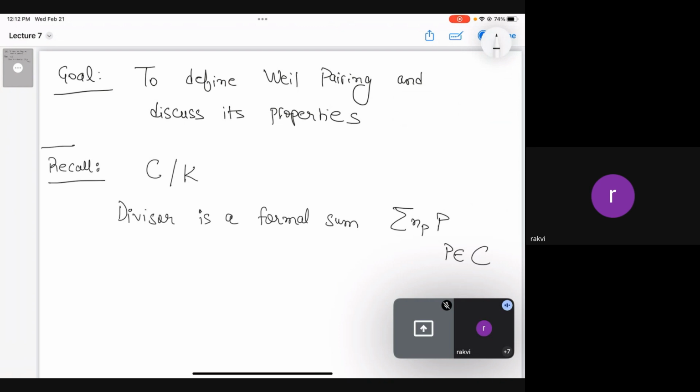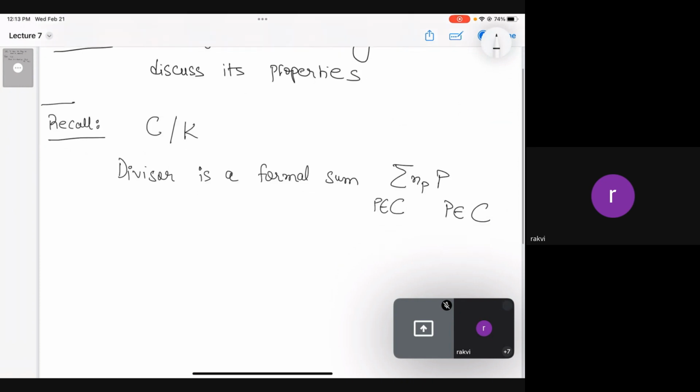I can conveniently write that P varies over all the points on the curve, but for all but finitely many P's, n_P will be 0.